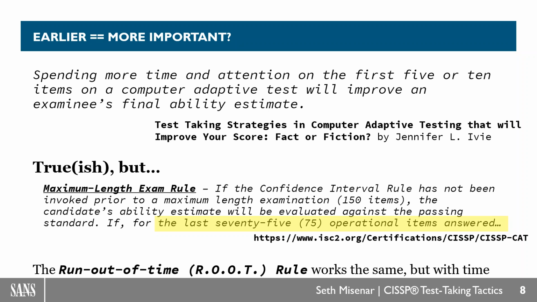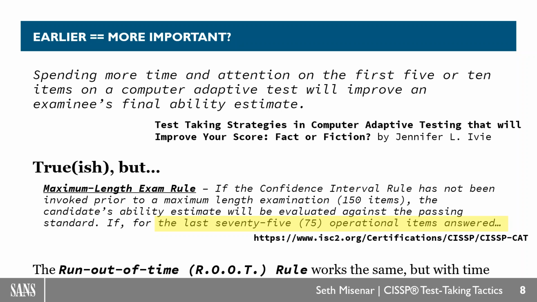If it can't, then two other rules come into play: the maximum length rule, and the run out of time rule, the ROOT. The maximum length rule is, if you get to 150 questions and we haven't decided whether you pass or fail with a confidence level of 95%, then it looks at the last 75 operational items answered. Wait, there are 150 questions you just went through, and it looks at the last 75? Huh. Well, that changes things.